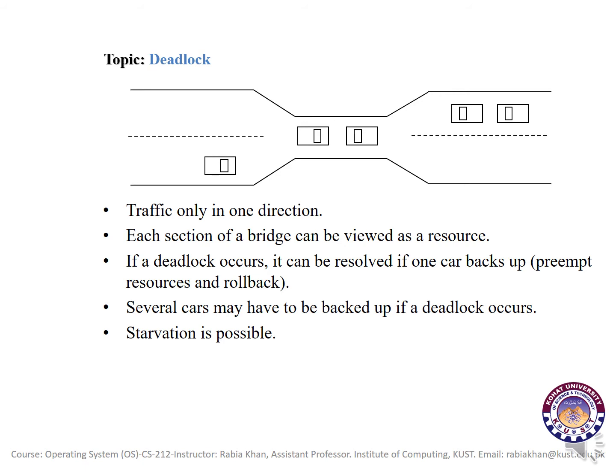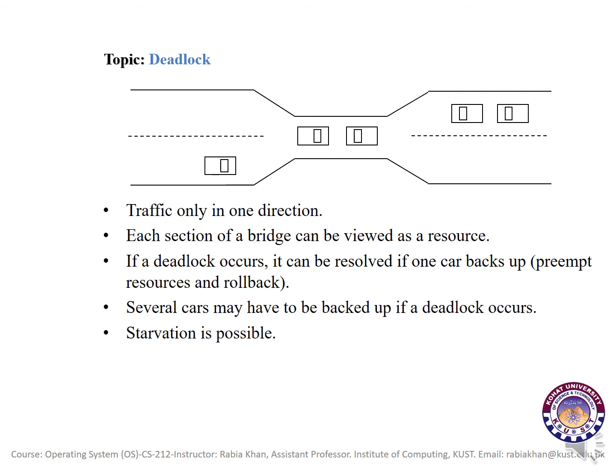Here a road and bridge is shown to make you understand more about the deadlock. Traffic is shown in the diagram. The cars represent processes and the road as well as the bridge in between two roads represent the resources.